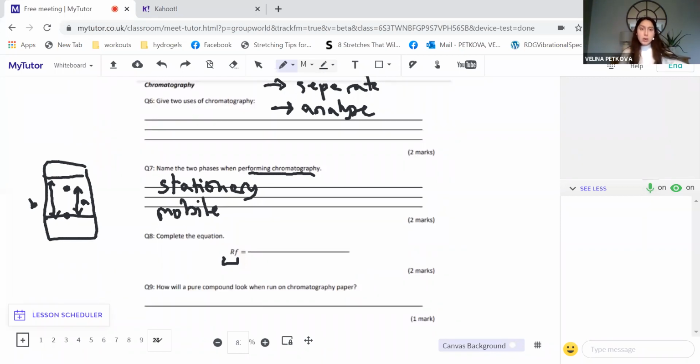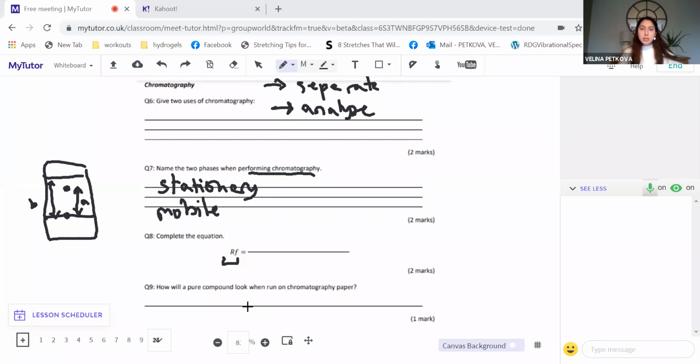Okay, brilliant. So how will a pure compound look when run on chromatography paper? If we just had a pure compound, what does that mean? You only need to know paper chromatography. Other chromatography is university chemistry level, so you definitely don't need to know that.